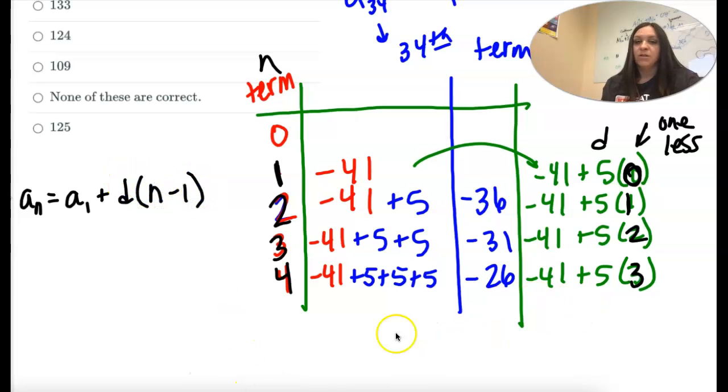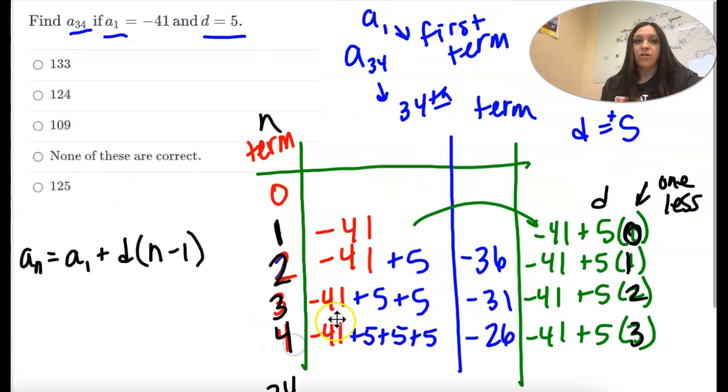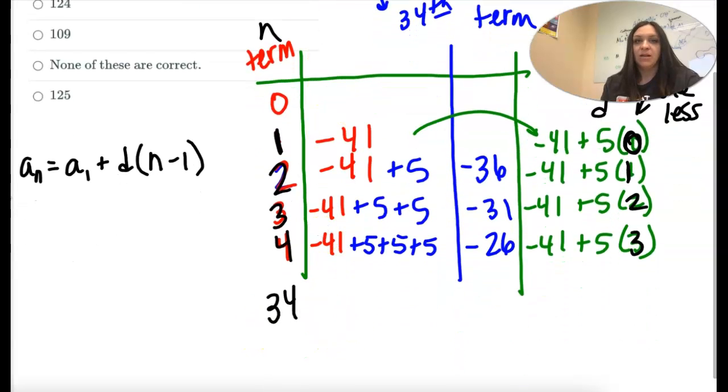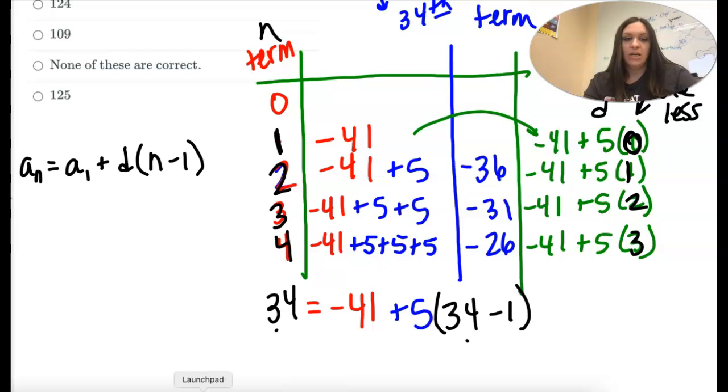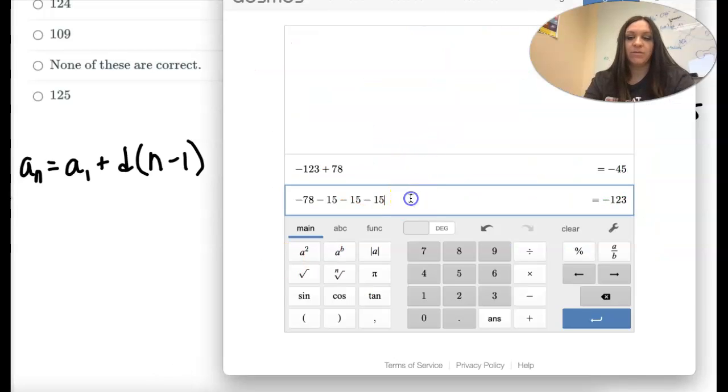So if I want to find the 34th term, I would take the first term plus 5, and then remember it's always 1 less than this. It's 34 minus 1. That's the n minus 1. And then you can just type it in the calculator.